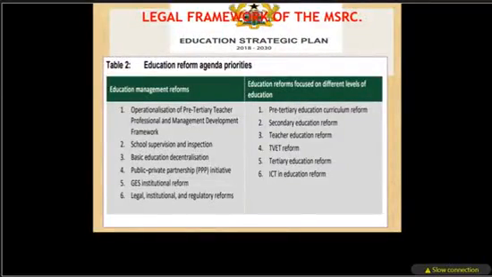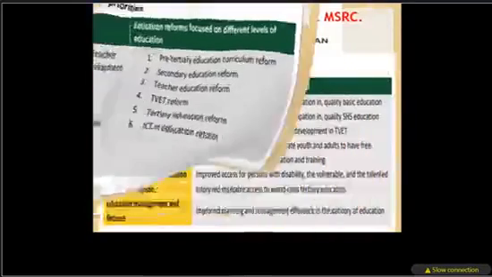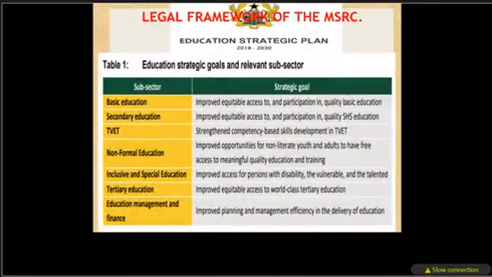However, it is interesting to note that the goals of the ESP and the objectives of the reforms require the utilization of efficient and up-to-date data for use by all stakeholders from the school, community, district, region, and national levels, and the introduction of the mobile school report card to measure the success rate of the strategic goals of the various subsectors of the education system. Typical examples of the strategic goals for the various subsectors have been identified in the strategic plan.